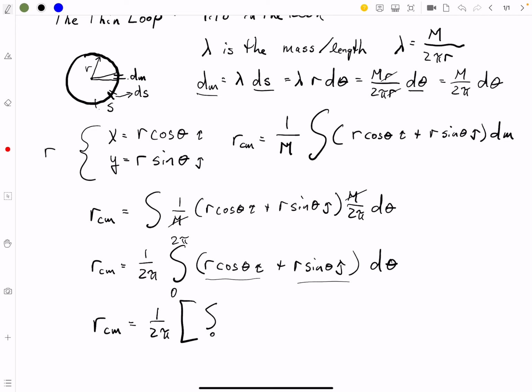We're going to go 0 to 2 pi r cosine theta d theta. We're going to do that in the i hat direction. And then we're going to add to that the integral 0 to 2 pi of r sine theta in the j hat direction. All right.